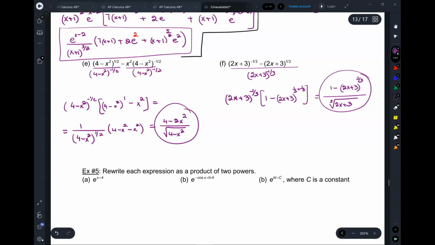All right? Okay, yes. For e, do you want us to simplify the 4 minus 2x squared or no? Does that matter? No, don't factor that anymore.